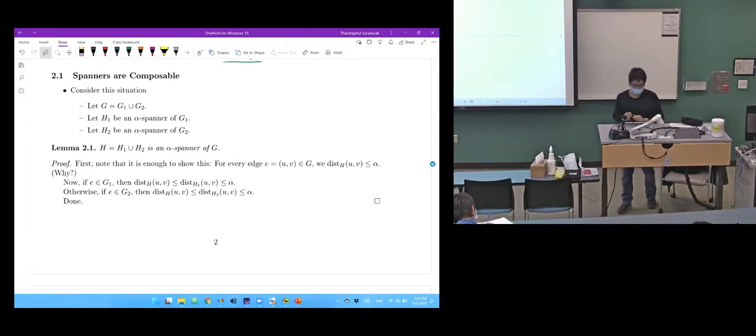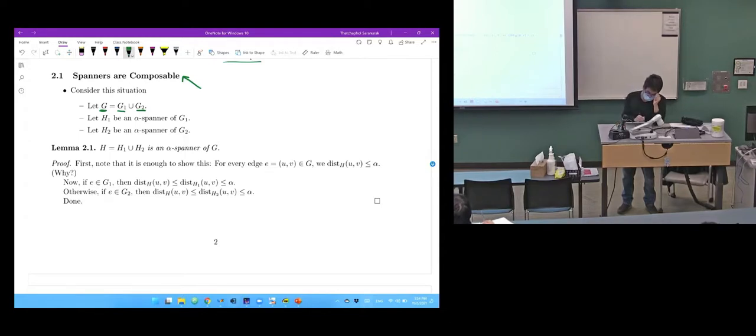The first property about spanners that will be handy for us is that they are composable in the following sense. If you have a graph and you partition its edges into two parts, G1 and G2, in any way, right?